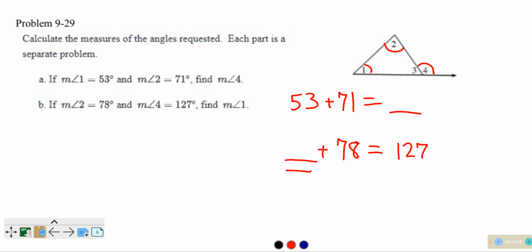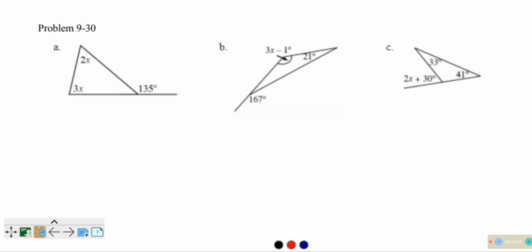If angle 1 and angle 2 equal angle 4, then we need to subtract in order to find our missing value. 127 take away 78 will give us that measure. Pause the video. Okay, that is practicing the skill.